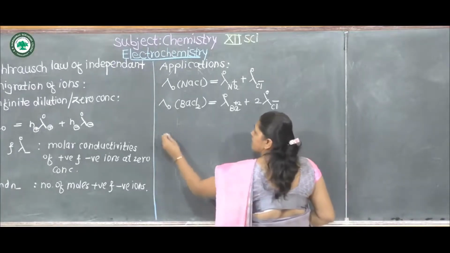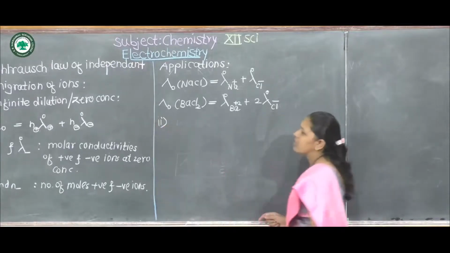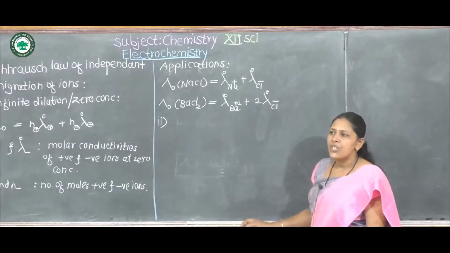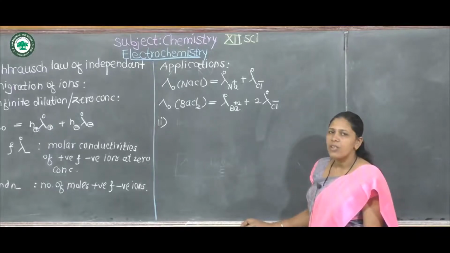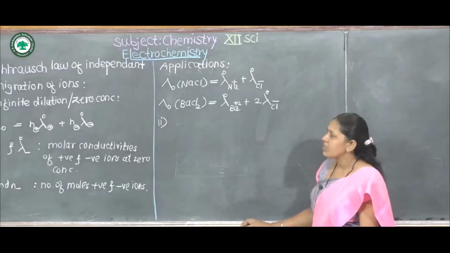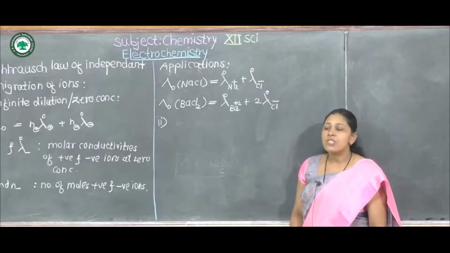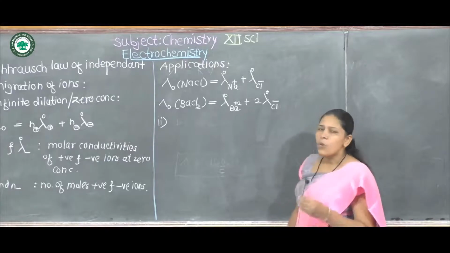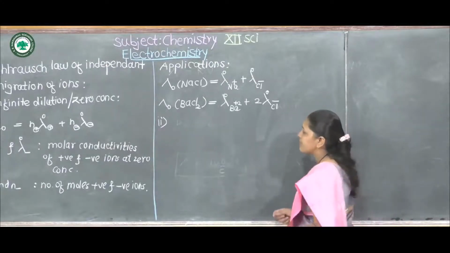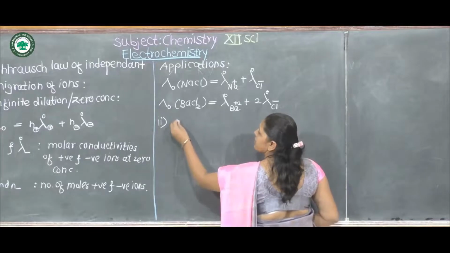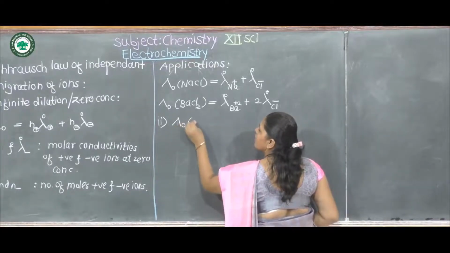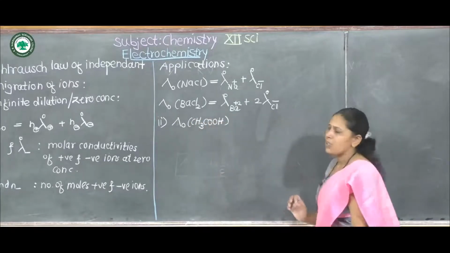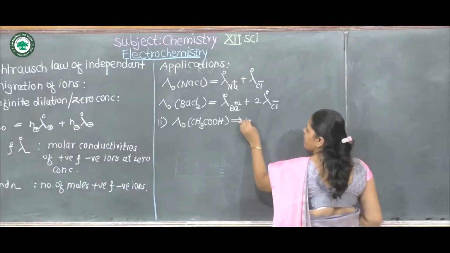The second application is that this law is useful for determination of molar conductivities of weak electrolytes by using molar conductivities of strong electrolytes. Suppose we have to calculate the molar conductivity of acetic acid, which is a weak electrolyte.